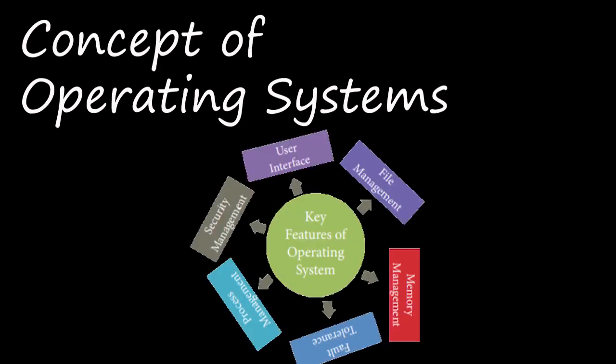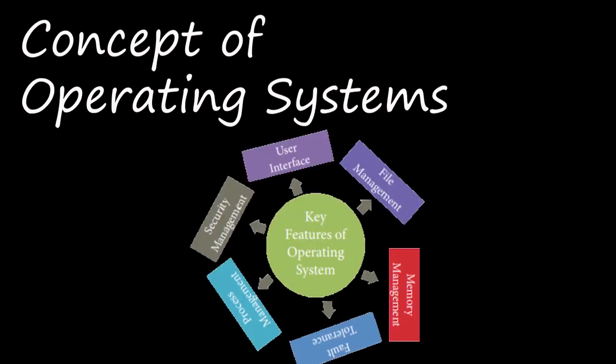Here we have seen about operating system. We first saw software and the types of software, application software and system software. Then the introduction to operating system and the types of operating system we saw. What are the types? Single user and multi-user, right? Then the key features of operating system. What are the key features?